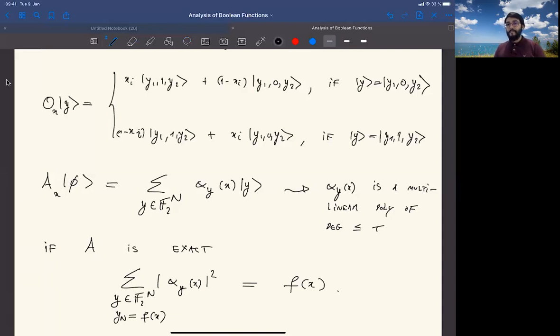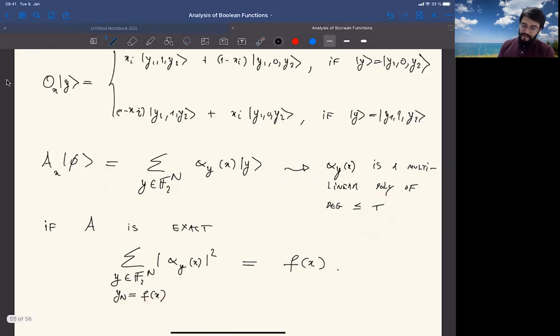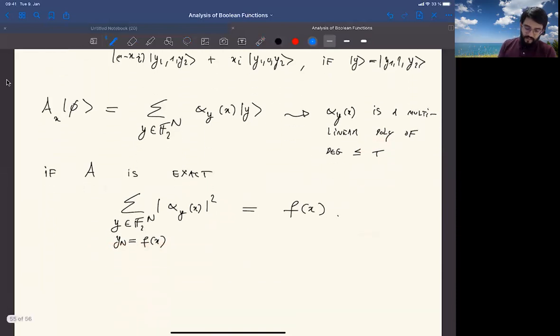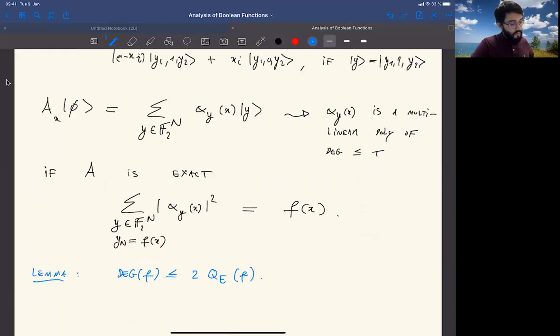Okay. And now this guy is a polynomial of degree at most 2t. So we have our first lemma: the degree of f is less or equal than twice the exact quantum complexity of f.